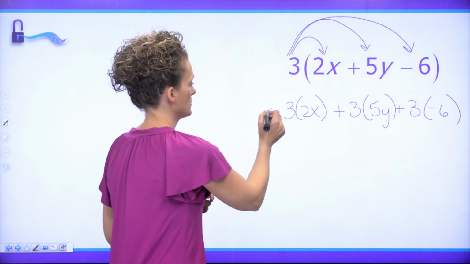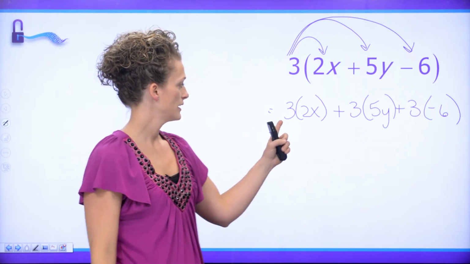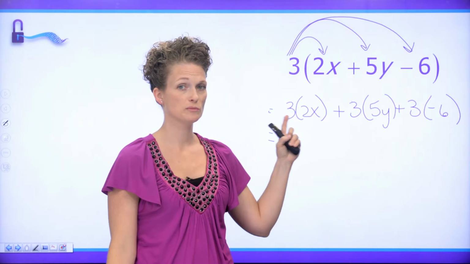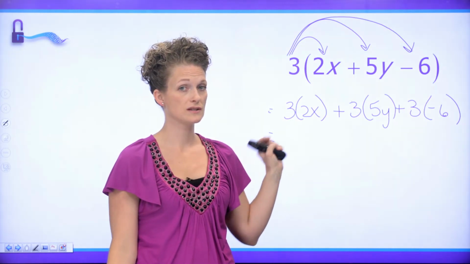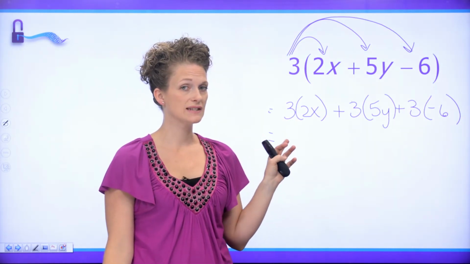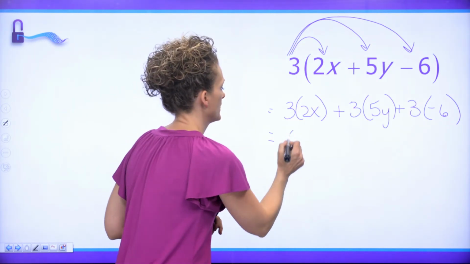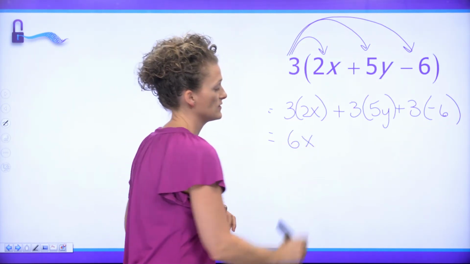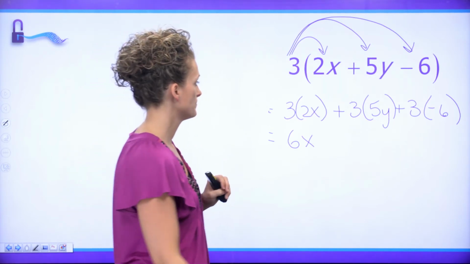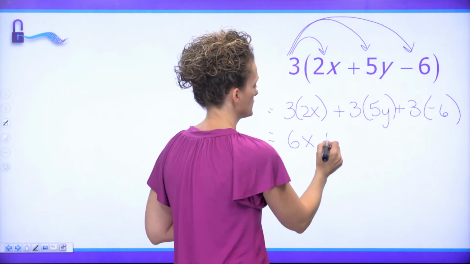All right, so now we have to clean this up a little bit. Now, this is the same as multiplying 3 things together. Well, we don't know what x is, but that's okay. We know what 3 times 2 is. That's 6, and then we can still leave the x as 6x. 3 times 5 is 15.